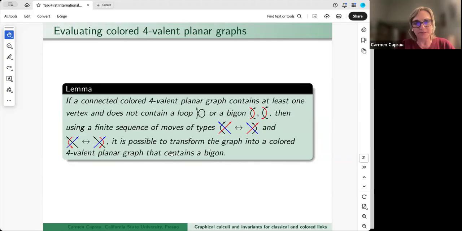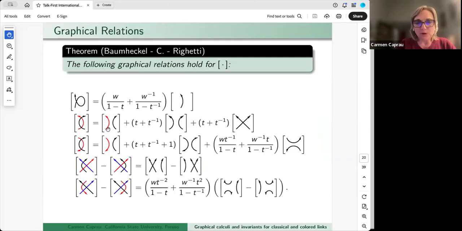So let me tell you why this is important. We want to say that we are able to use these graphical relations to evaluate any colored 4-valent planar graph. And these relations allow us to evaluate any 4-valent colored planar graph as an evaluation of similar graphs, but with fewer vertices.